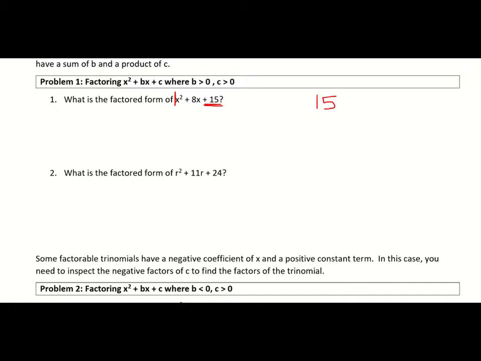So I need to figure out two numbers that multiply to 15. But in addition to multiplying to 15, these two numbers also have to add to the number that's right in front of just the single x. In this case, 8.